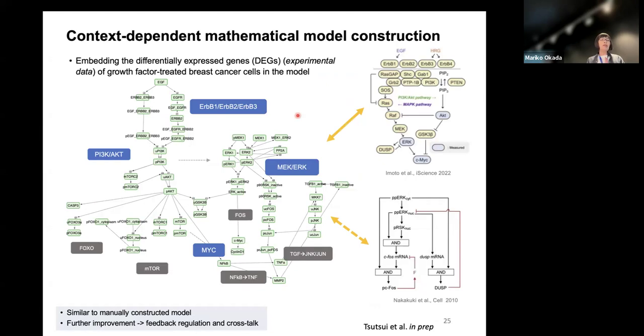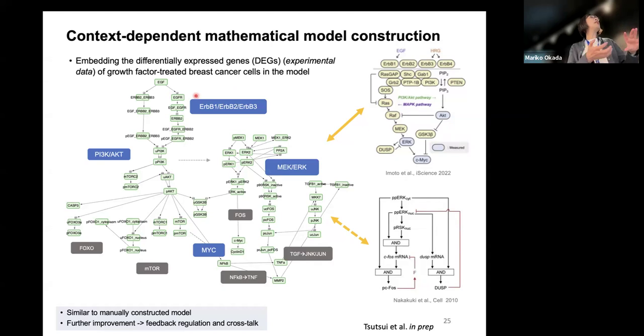But our final goal is not extracting networks, but also mathematical modeling. So we want to use our data together with such literature information. We have differentially expressed genes of breast cancer from our laboratory, and we use such gene expression data as nodes of the network.